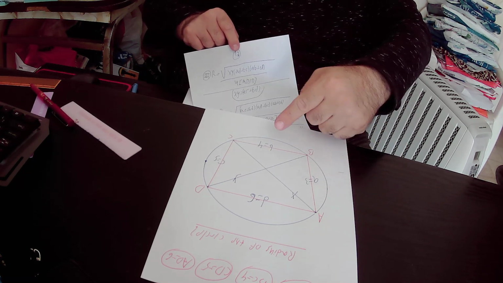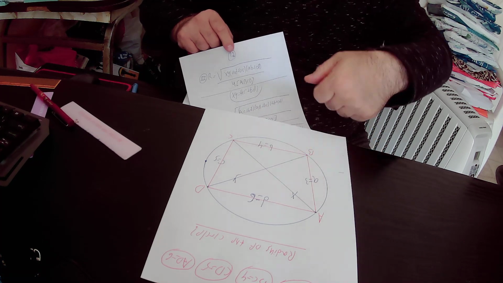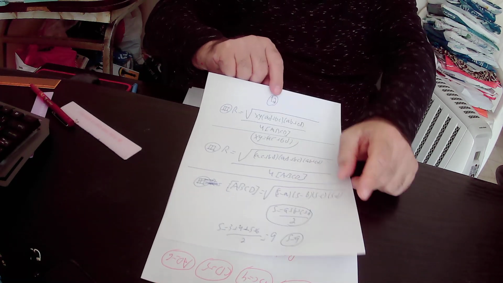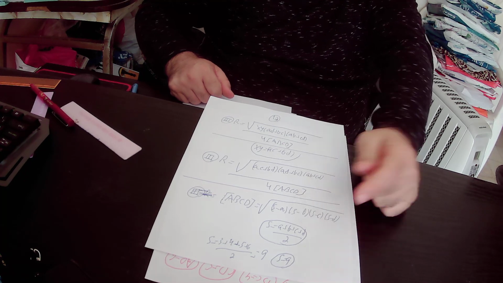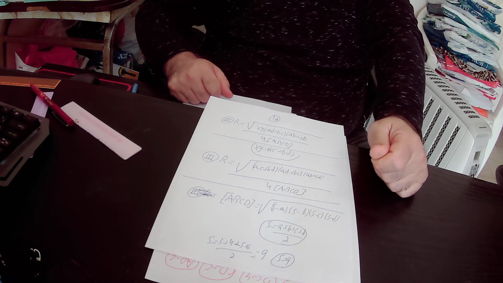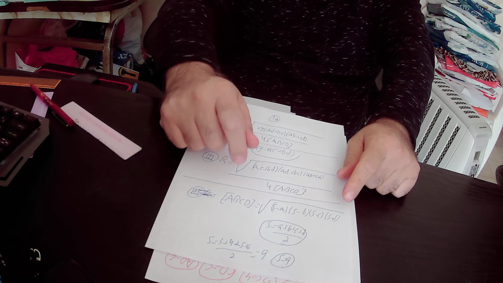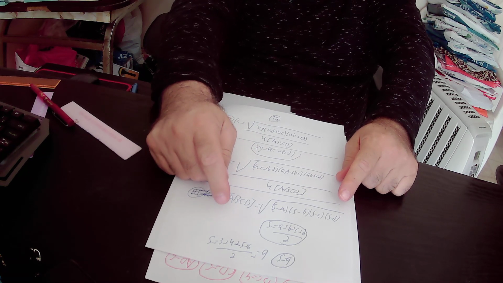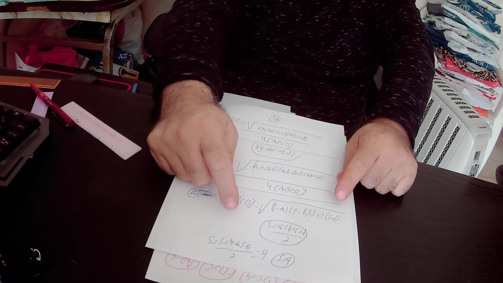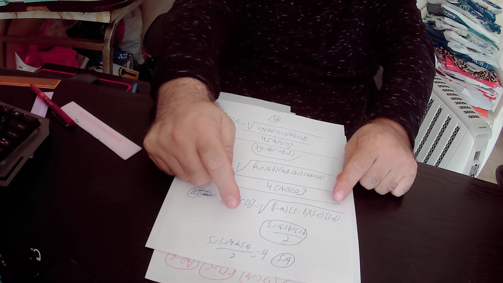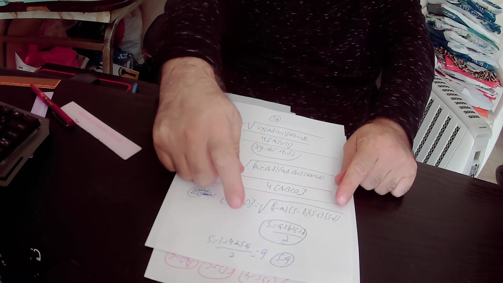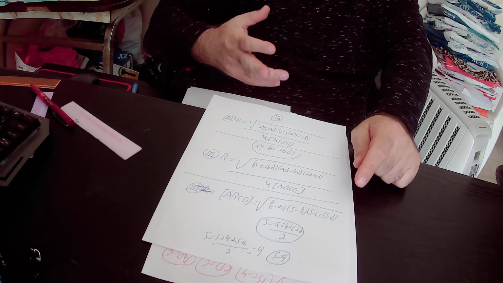A equals 3, B equals 4, C equals 5, and D equals 6 units. And s equals a plus b plus c plus d over 2. Therefore, we can easily find the value of s, because a is 3, b is 4, c is 5, and d is 6. So 3 plus 4 plus 5 plus 6 over 2 is 9.